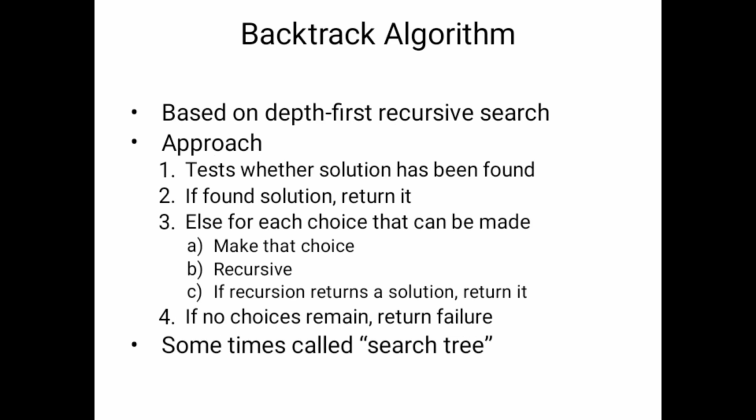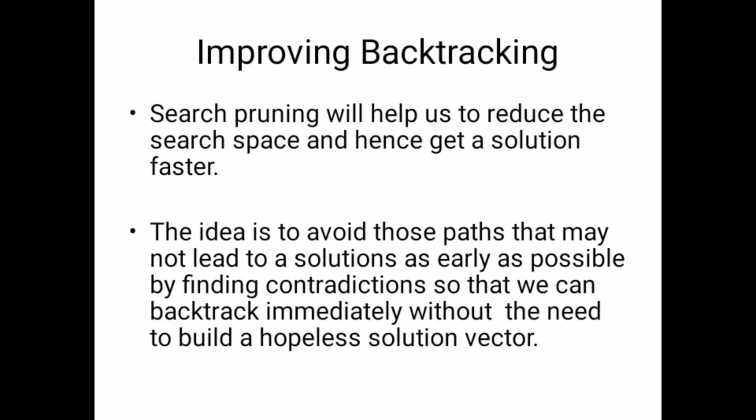Here, based on the depth first recursive search approach, backtrack tests whether a solution has been found. If found, return it. Else, for each choice that can be made, make that choice and recurse. If recursion returns a solution, return it. If no choices remain, return failure, sometimes called a search tree.